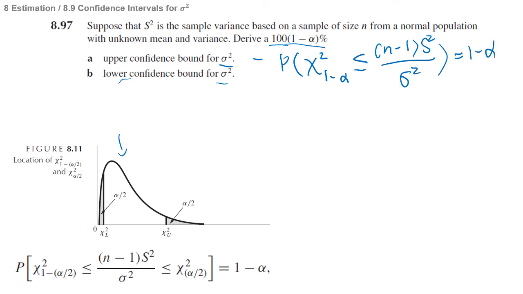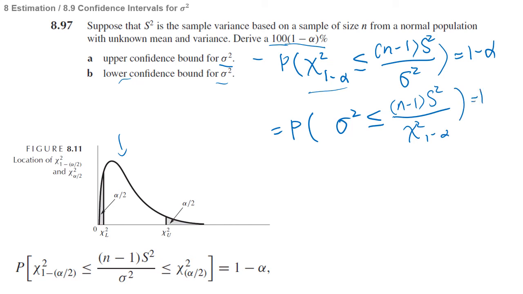We only use the one-sided probability, and so if we rewrite this, we can derive sigma square is less than or equal to n minus 1 times s square divided by chi-square 1 minus alpha, and the probability of this is 1 minus alpha. So this one is our upper confidence bound for sigma square.